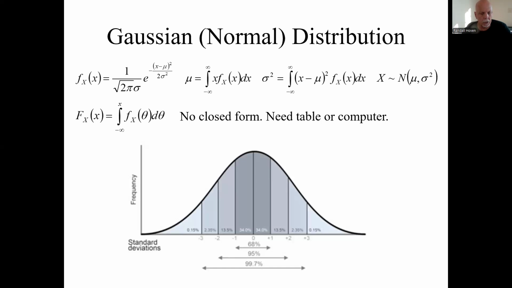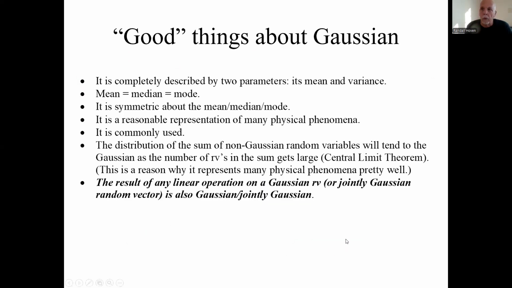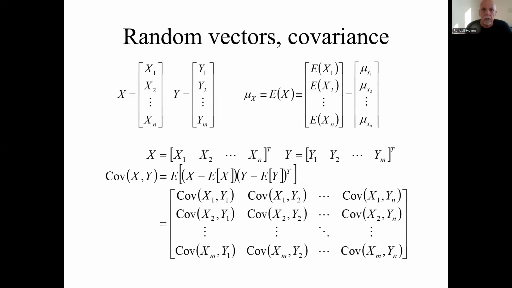In previous videos, we defined the Gaussian distribution, or the normal distribution, as this PDF. It looks like this bell curve. Well, that was the Gaussian distribution for a single random variable.